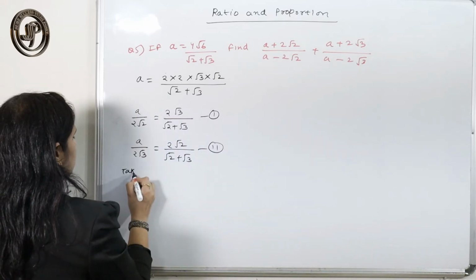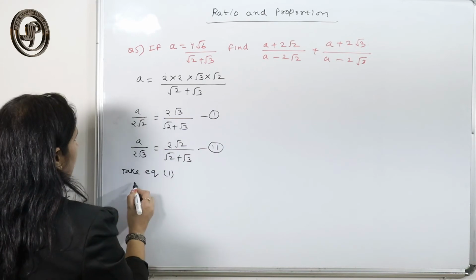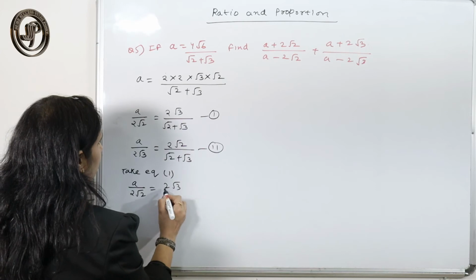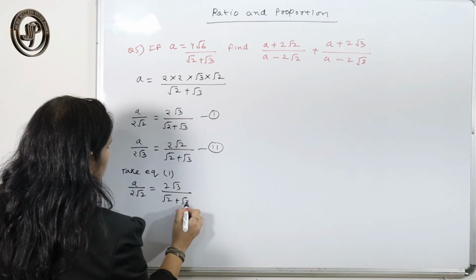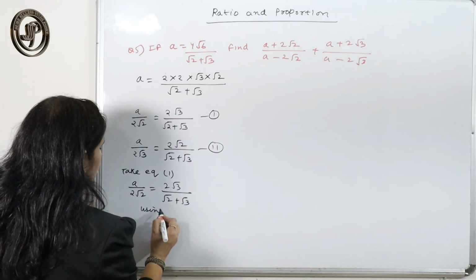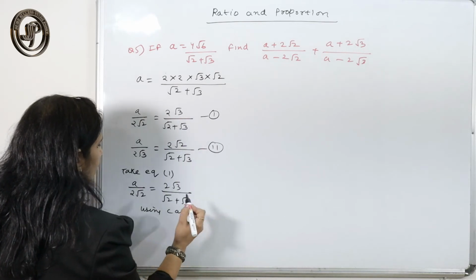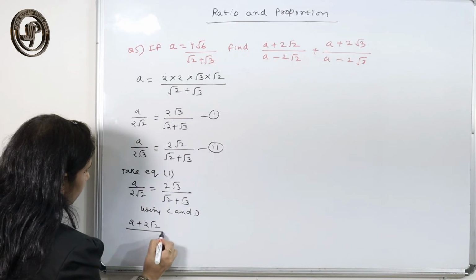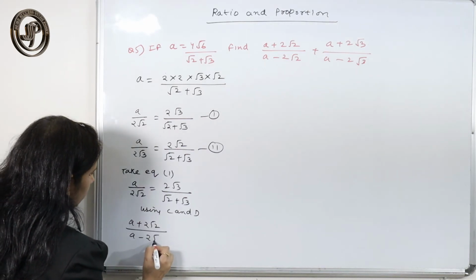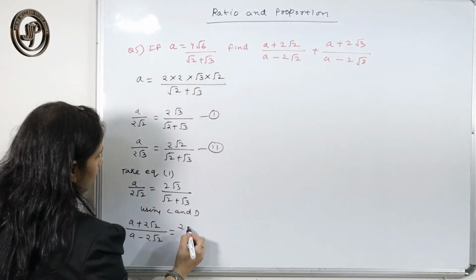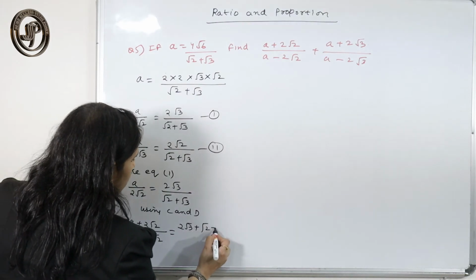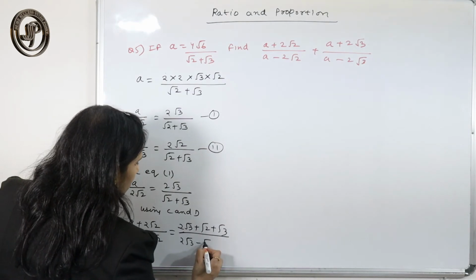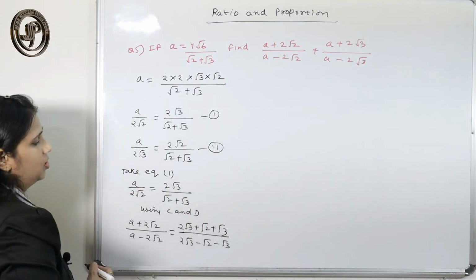Now take equation 1 and apply componendo and dividendo. So if I apply componendo and dividendo here, you know the componendo: numerator plus denominator and numerator minus denominator.